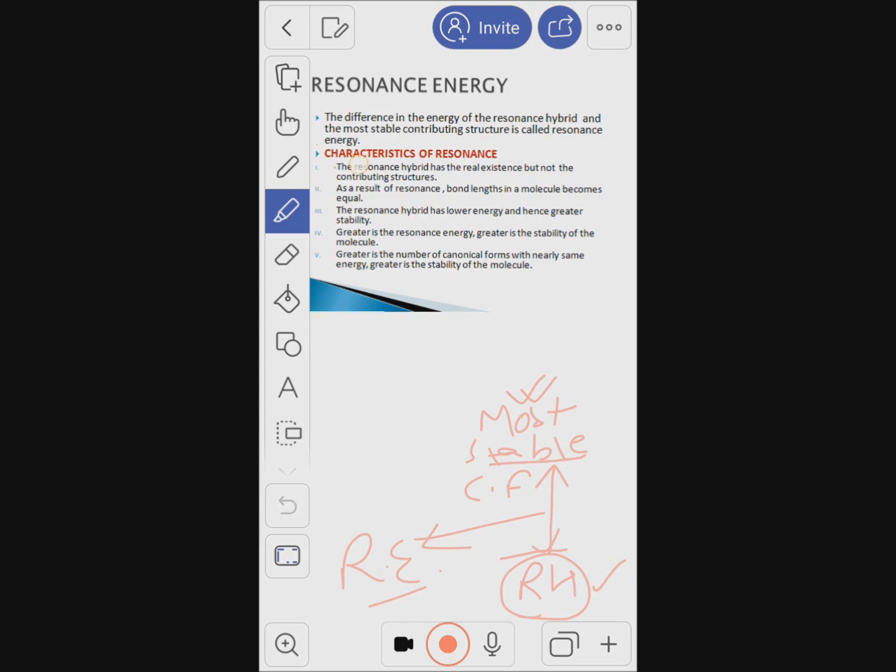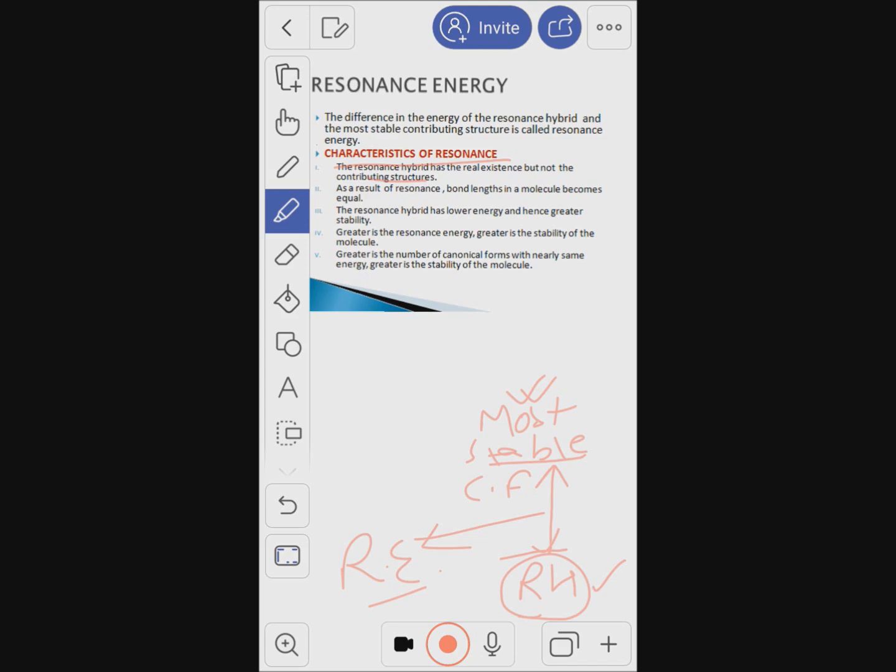Next is the characteristics of resonance. Resonance hybrid has real existence but not the contributing structures. It means contributing structures are just imaginary structures. They have no real existence. The second point, as a result of resonance, bond length in a molecule becomes equal.